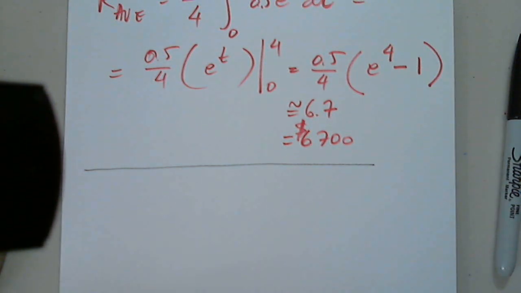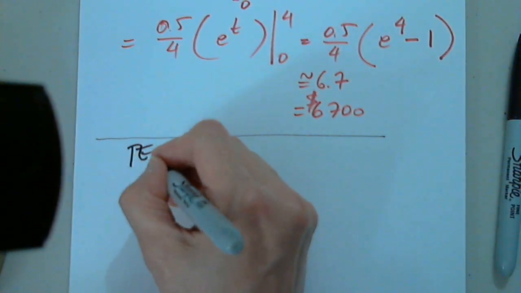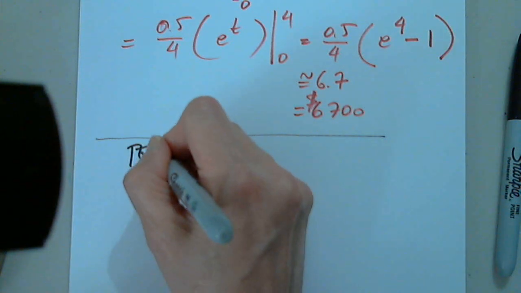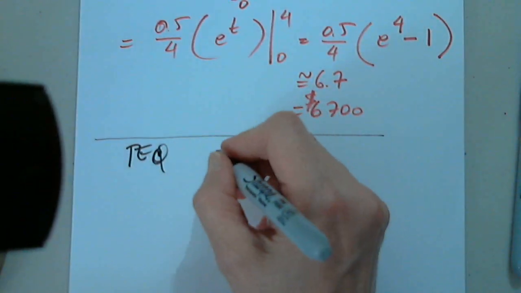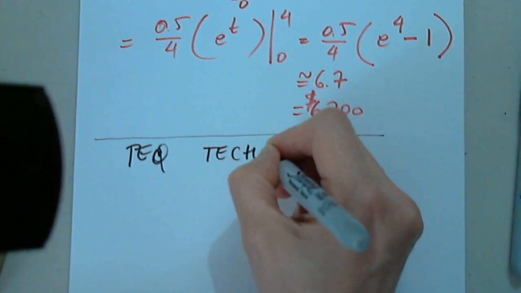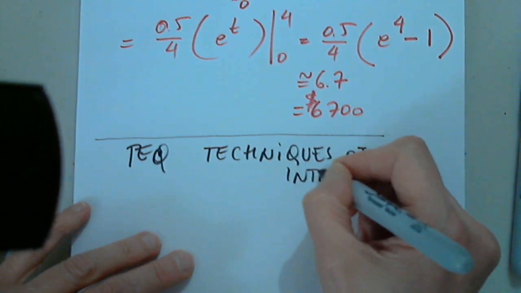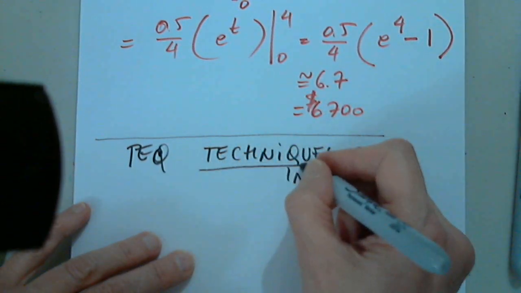So we have many techniques of integration. I meant to write CT. Never mind. I'm going to write it again and erase it from there. So techniques of integration. We have many.